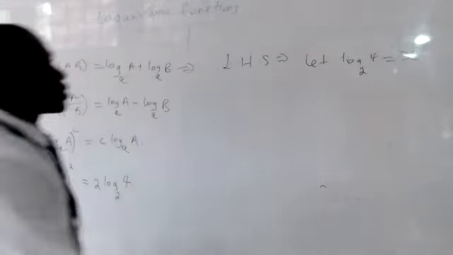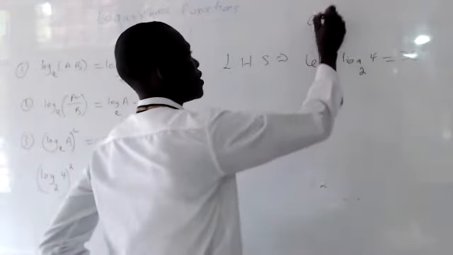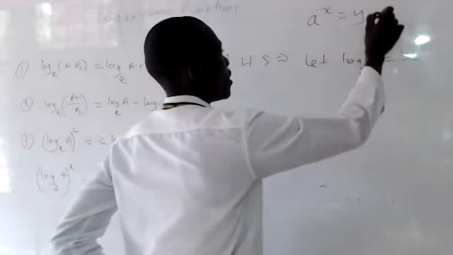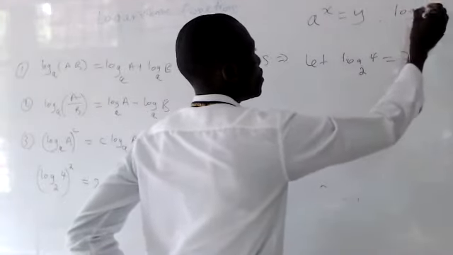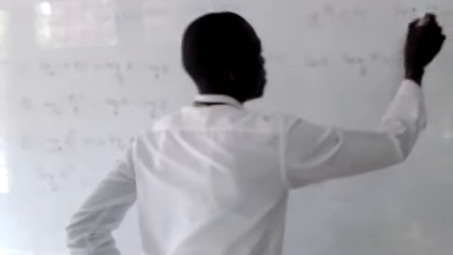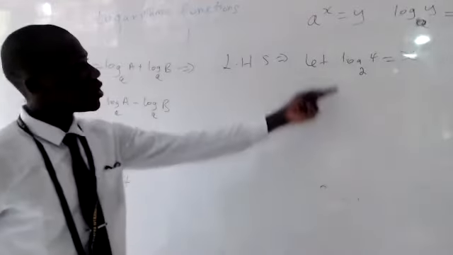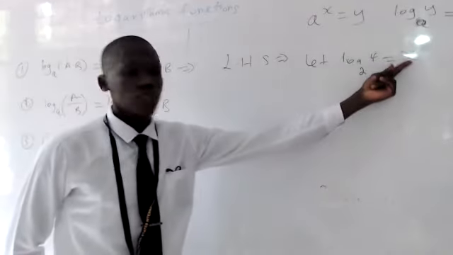Okay. So then you convert this to index form. Remember, we defined that if a to the x is y, then log of y to the base a is x. So in this case, I have log to the base 2 of 4 is x.